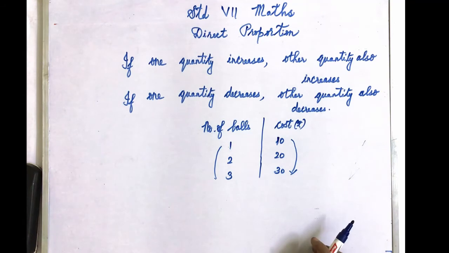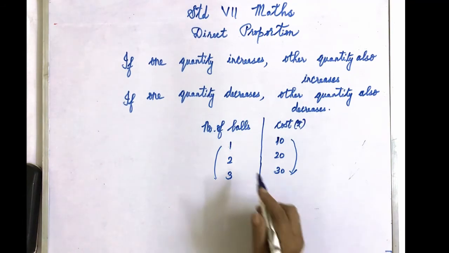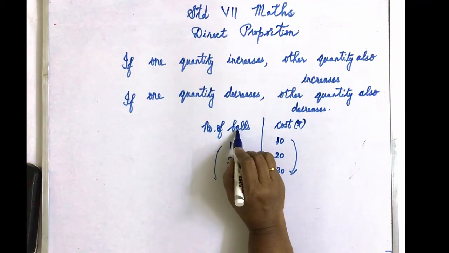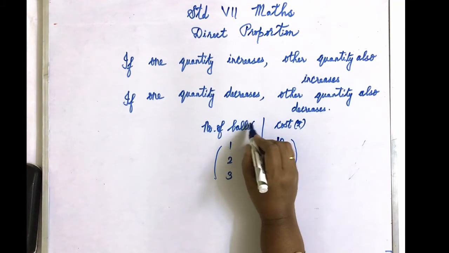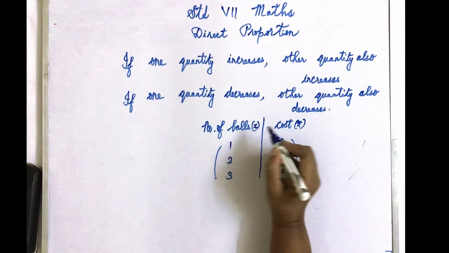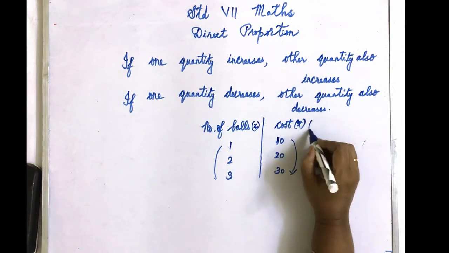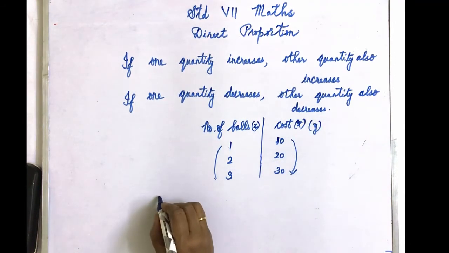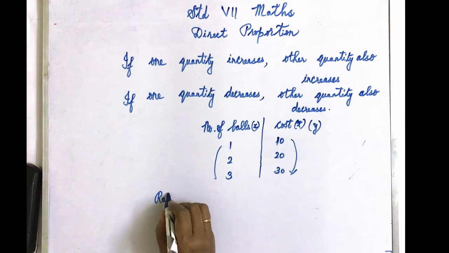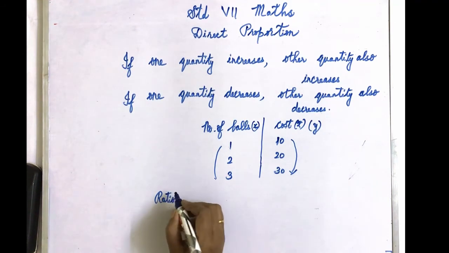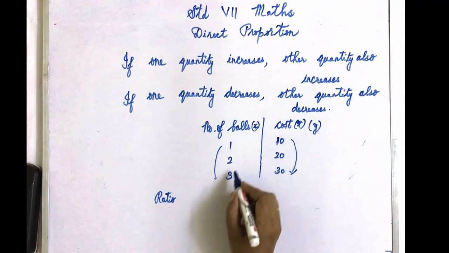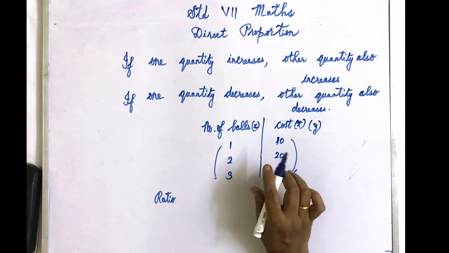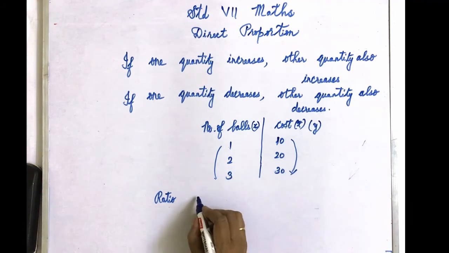Now, let's see the ratio of their increase. This quantity we can call X, and this cost we can represent as Y. You all know a ratio can be represented as a fraction.